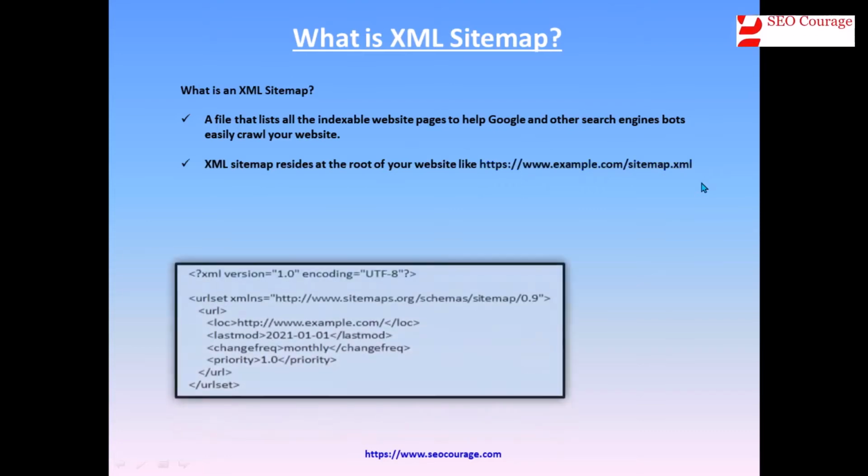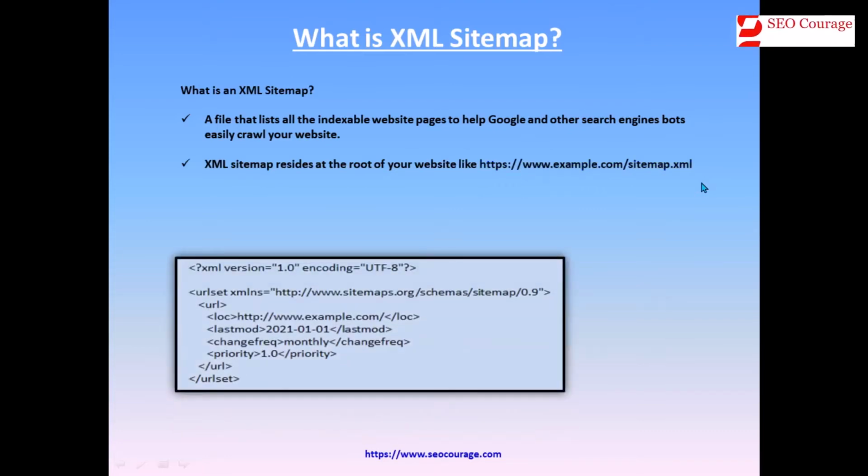You can also see here the XML sitemap code example, which includes several XML tags like URL set, which comes only once in the XML sitemap, and URL, which comes based on the number of URLs you have on your website. Suppose you have 200 URLs, then you will have 200 URL tags in your XML sitemap.